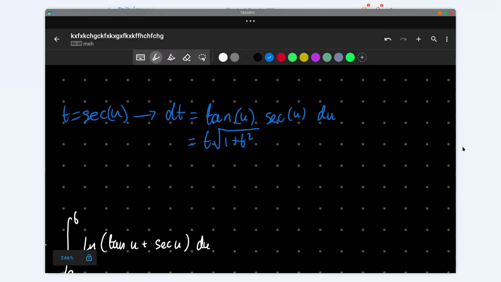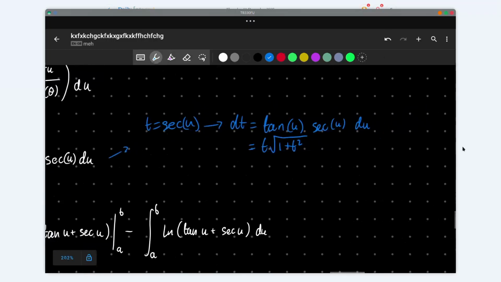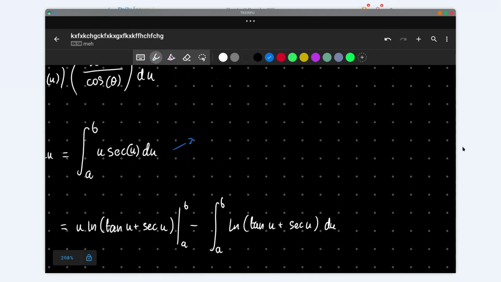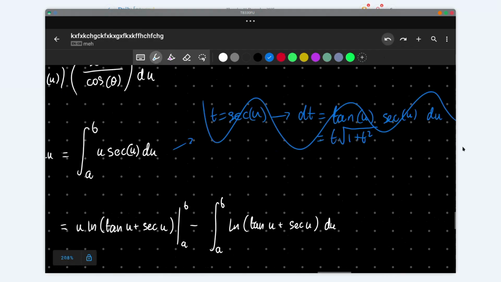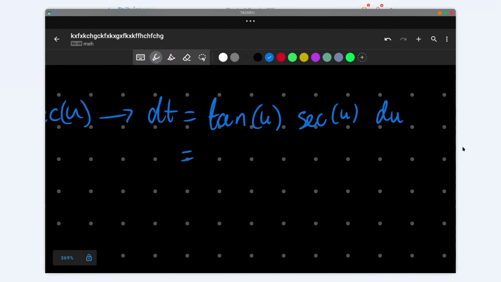Which is normally what you would use for a substitution, which kind of ruins everything, because I've got arc sec. I didn't even realize. Can I not do that actually? Then I'm left with this.